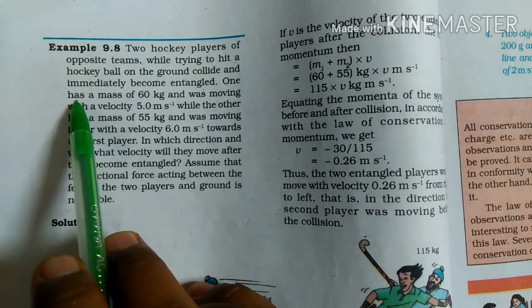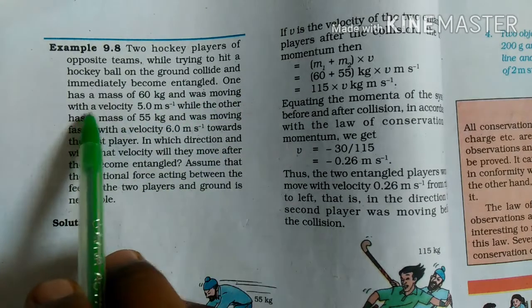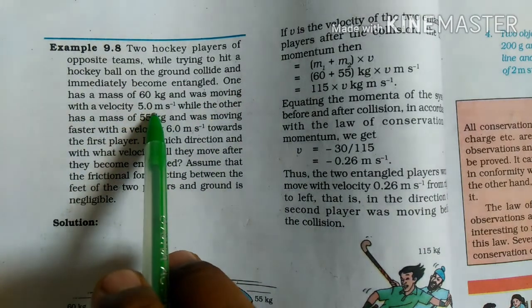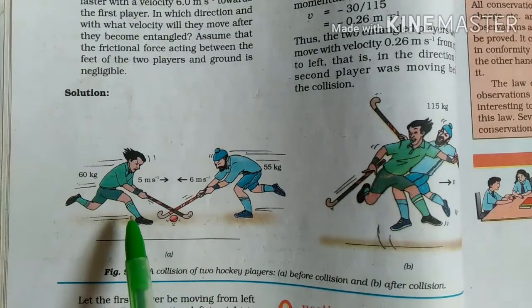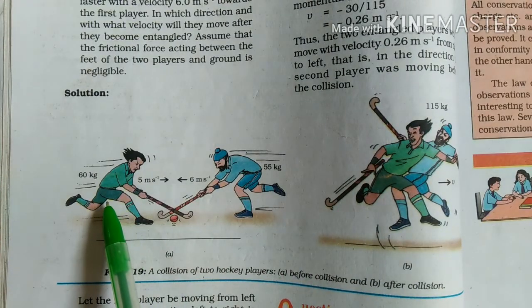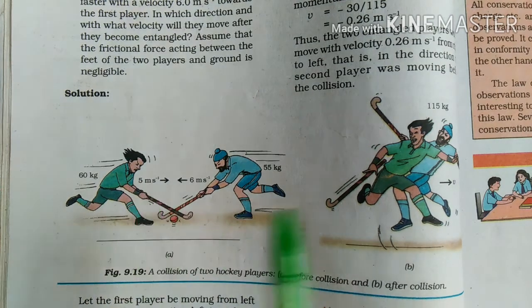One has a mass of 60 kg and was moving with velocity 5.0 meter per second. One player has a mass 60 kg and he is moving with 5.0 meter per second velocity.